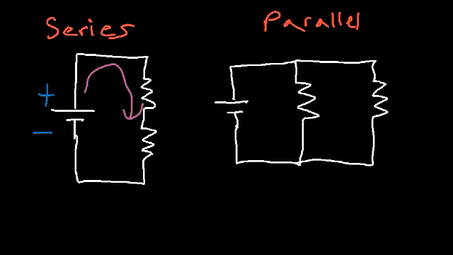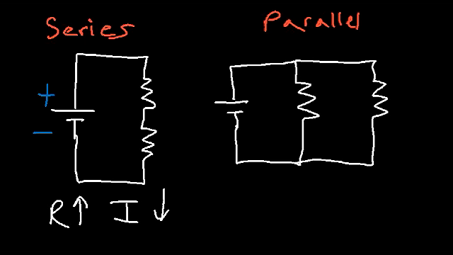In a series circuit, if you connect two light bulbs in series together, the light bulbs will appear to be dim relative to the parallel circuit. If you connect two light bulbs in parallel to each other, the light bulbs usually will appear very bright. That's because as you add resistors in a series circuit, the total resistance increases, which decreases the current.